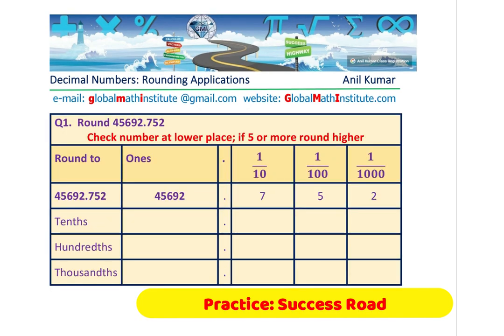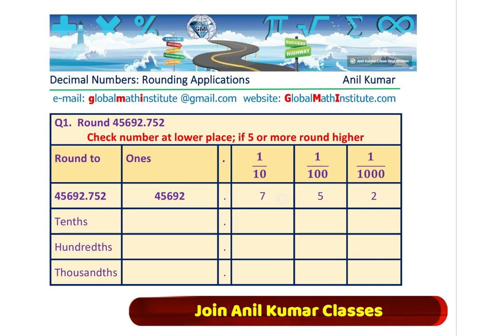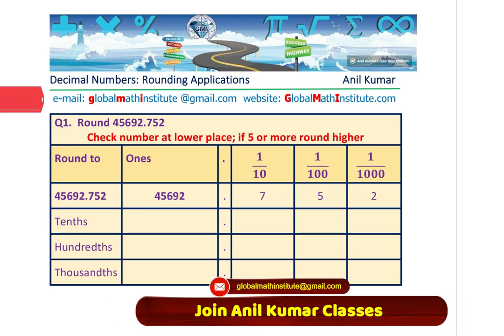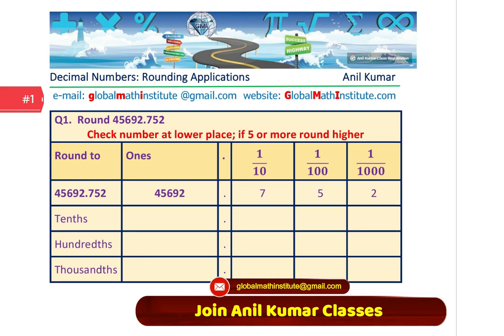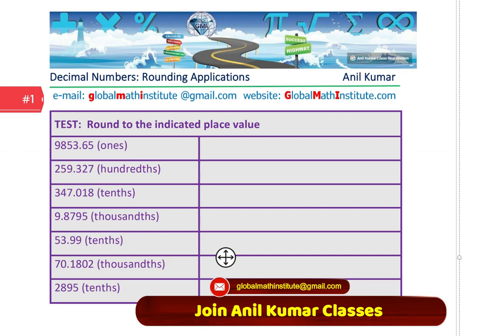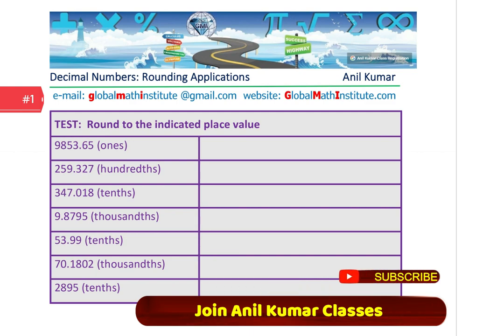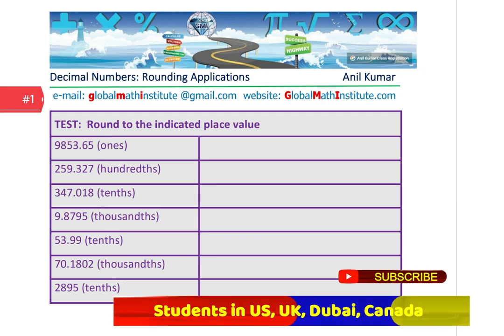Question number 1 is again taking up a number and rounding it to different decimal places using the place value chart, so you have a clear vision of what exactly you're going to do. Once you have clear concepts, apply these concepts to reinforce your learnings and then master the rounding of numbers by ending with this test. So I hope you find this exercise very useful.